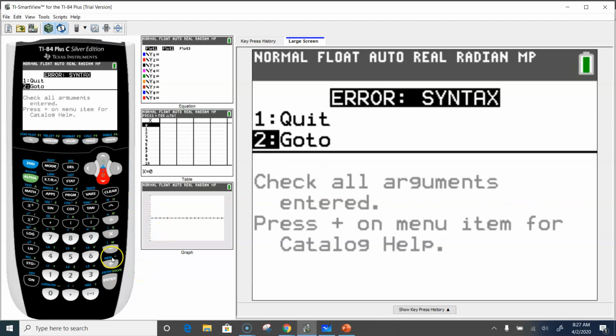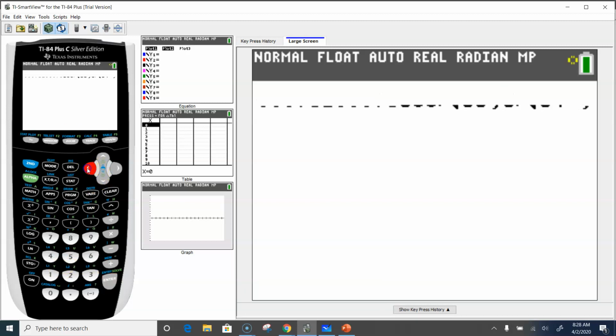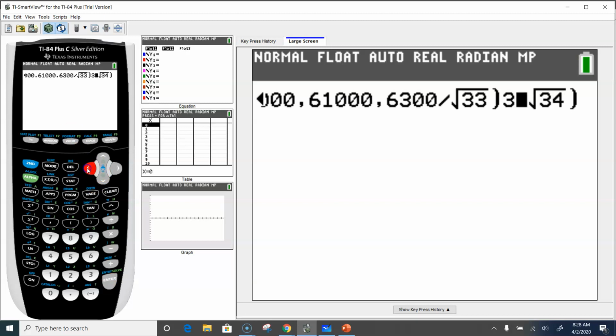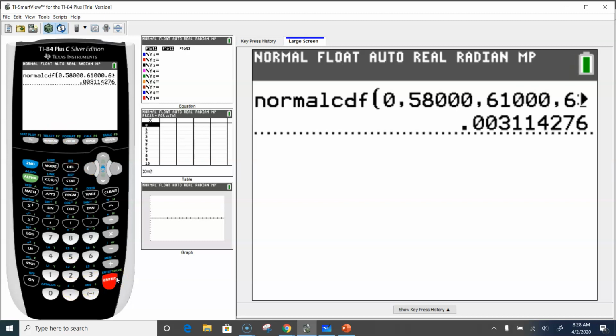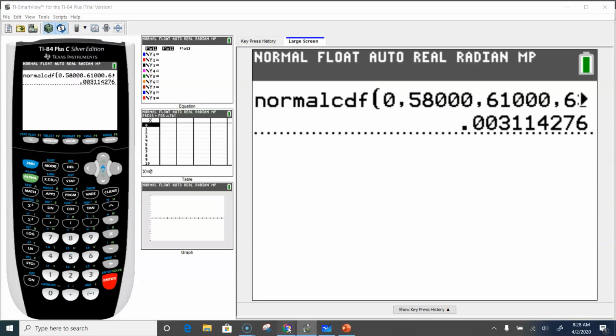Oops, I missed a comma somewhere. Oh, I got all kinds of stuff out here that need to be deleted. So we want to finish here and delete all that. .003. 4 decimal places. .0031.